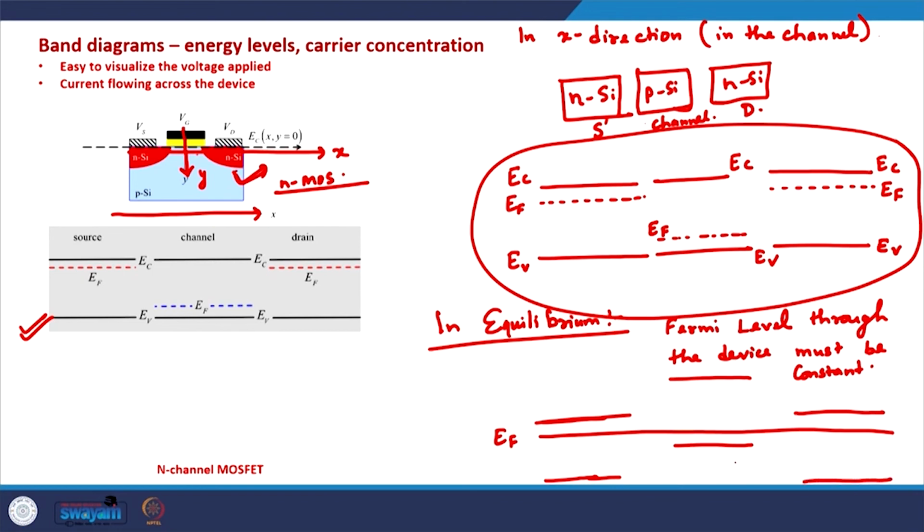And at the junctions, these edges must be joined with each other. So this is EC, this is EV, and this is the Fermi level that is constant throughout the device. So this is the equilibrium band diagram.